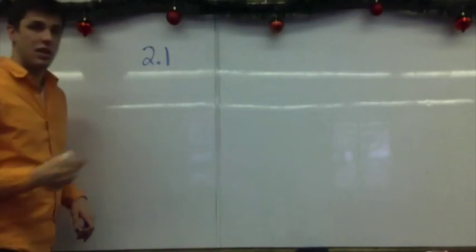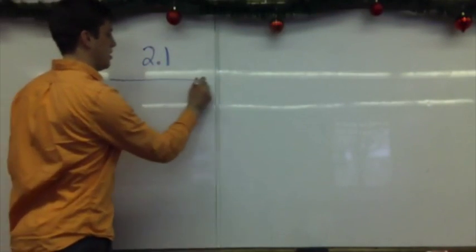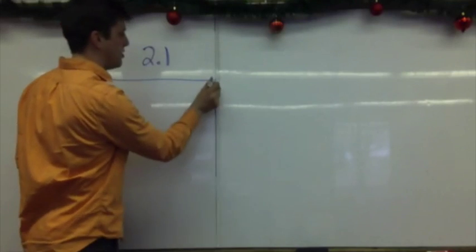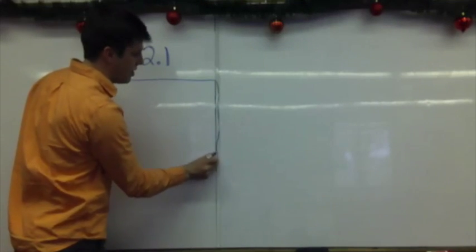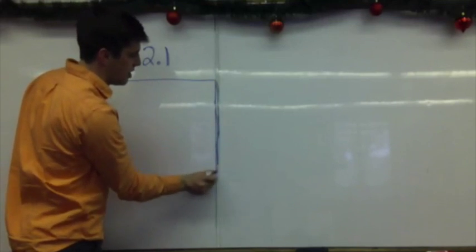Certain types of real numbers follow certain types of rules. And so this right here is one of the lines separating my chart.